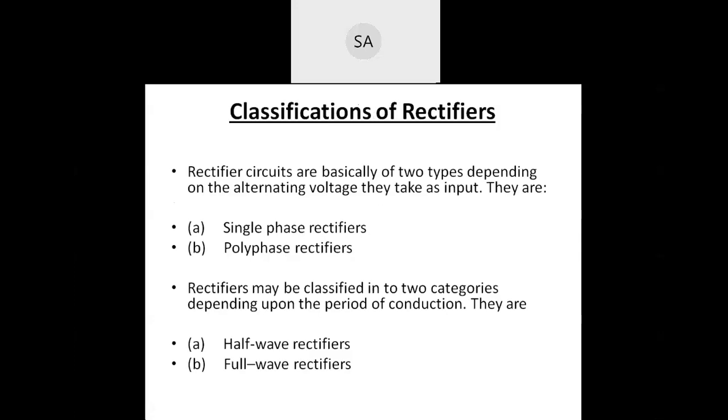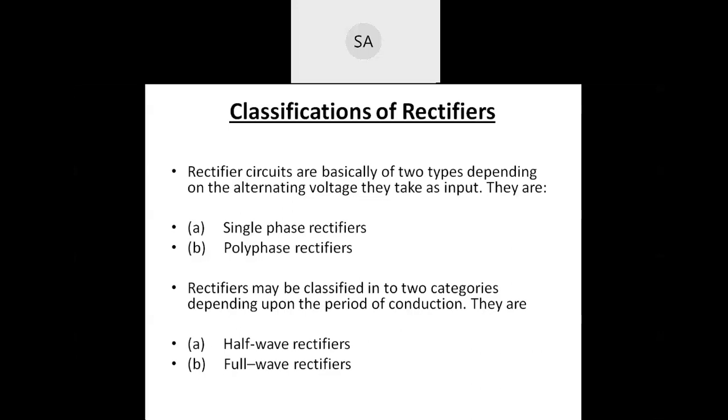So, classifications of rectifiers. Rectifier circuits are basically of two types depending on the alternating voltage they take as input. That means the way we are applying the input. So rectifiers are classified into single phase rectifiers and polyphase rectifiers. Rectifiers may also be classified into two categories depending upon the period of conduction.